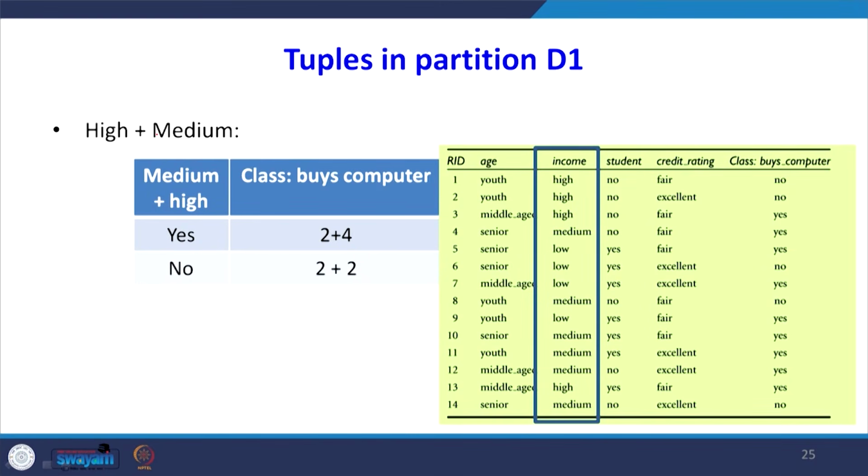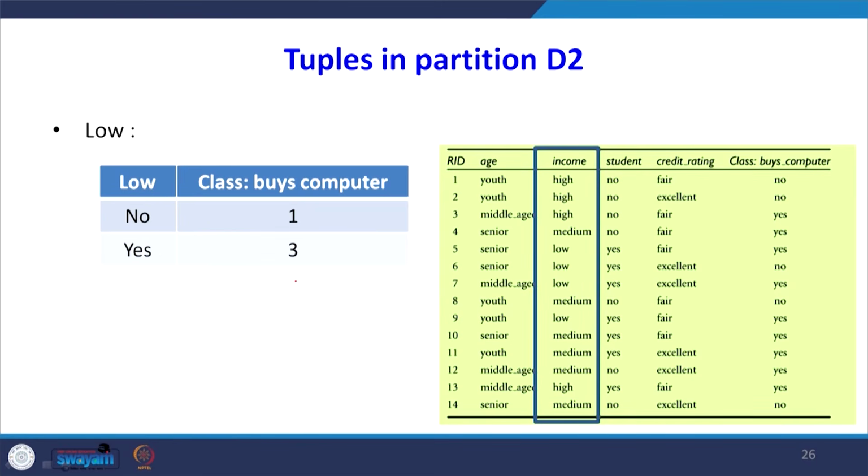When you look at high and medium together, there are 6 yes for buying a computer and 4 no. Then for the next group, the tuples in partition D2, for low, 1 person has answered no and 3 people have answered yes for buys computer.